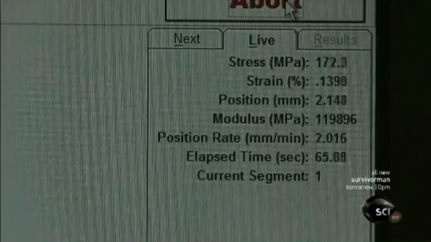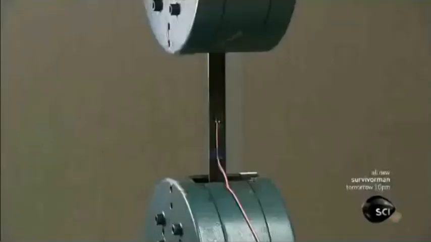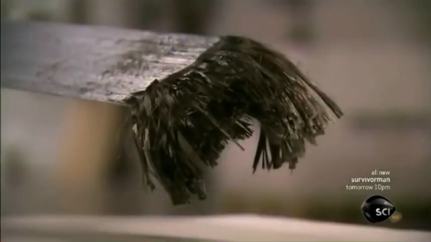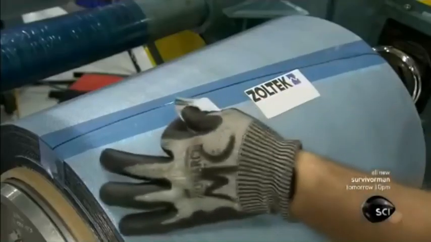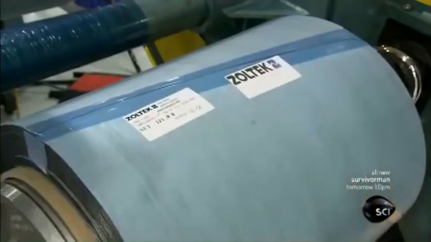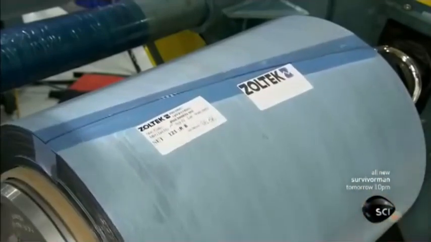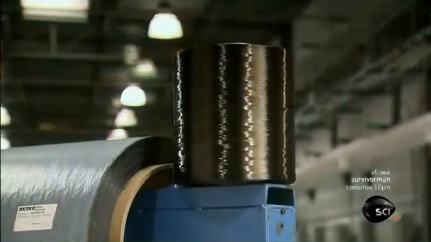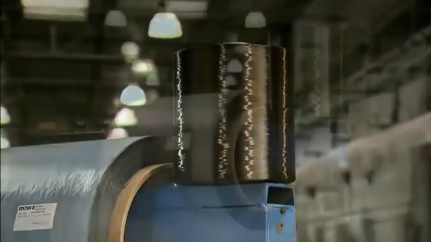In this tensile strength test, the computer measures how much strain the sample withstands before breaking. Such testing ensures the carbon fiber delivers optimum strength, durability, and heat resistance, whether it's used to make an auto part, a wind turbine blade, or a golf club.